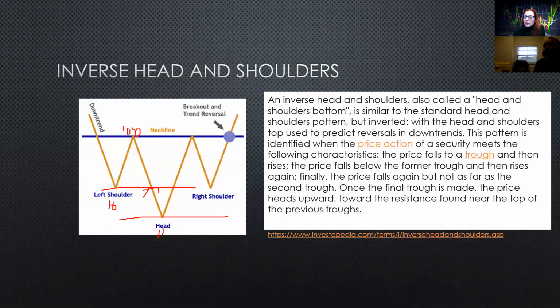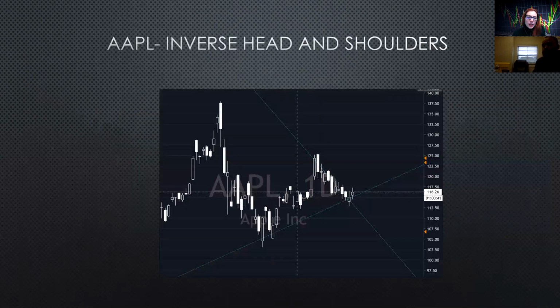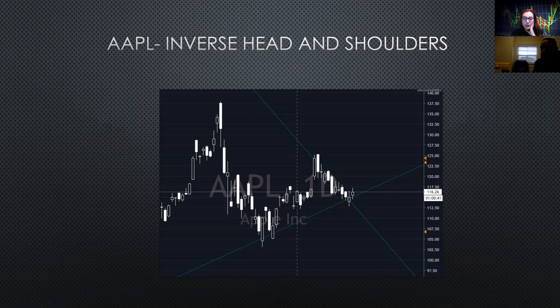All right. So the one that does have an inverse head and shoulders is Apple. And this is on the daily chart. So we have a shoulder here, head, shoulder. Here's our line. And what happened? Yep, we broke out.